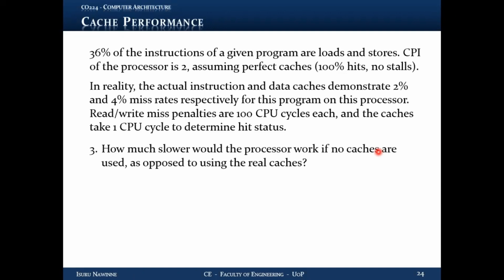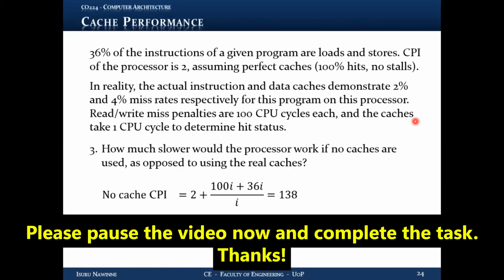How much slower would your CPU work if there are no caches at all, right? So we have real caches, and our CPI for that is 5.44. And if we don't have caches at all, what is the slowdown due to having no caches at all? So the CPI for no caches, you can calculate. Ideal CPI is 2.